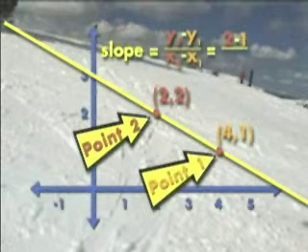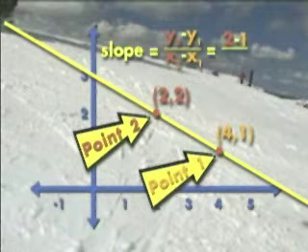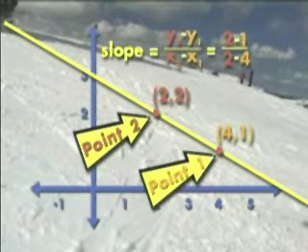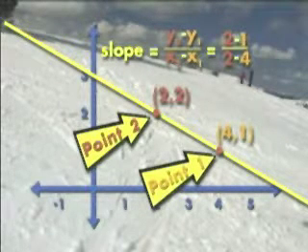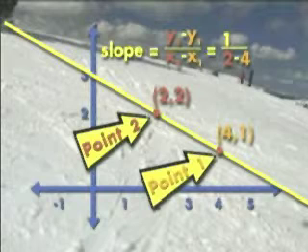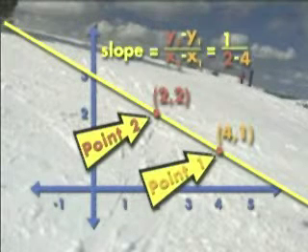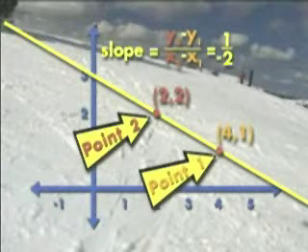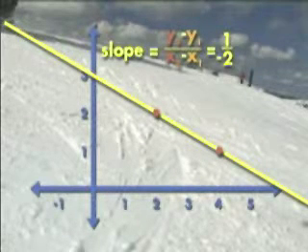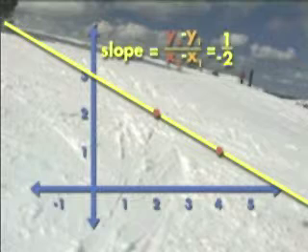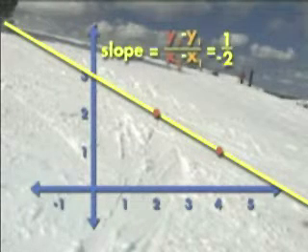And x sub 2 minus x sub 1 will equal 2 minus 4. Then, simplifying the numerator, we have 2 minus 1, or 1. And in the denominator, 2 minus 4 is negative 2. That makes the slope equal to 1 over negative 2, which is the same as negative 1/2.